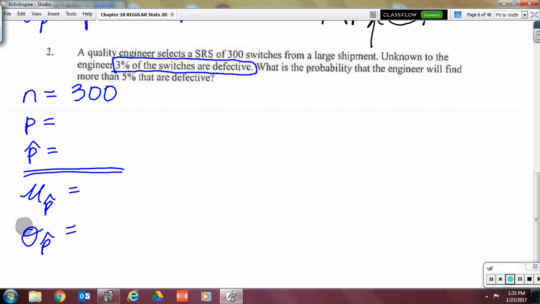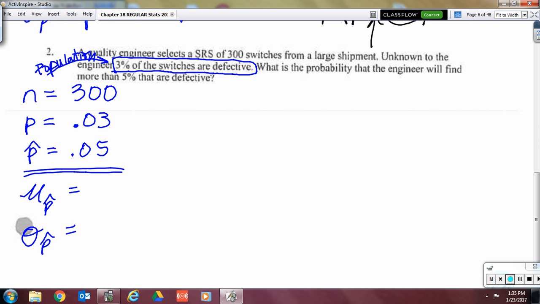So this is saying the fact of the matter is what's happening in the population. That's one of those things you've got to figure out: what's happening in the population and which one's the sample. Correct. So 3% is in fact what the population consists of, 3% defective. But what's the probability that he gets a sample that shows more than 5% defective?